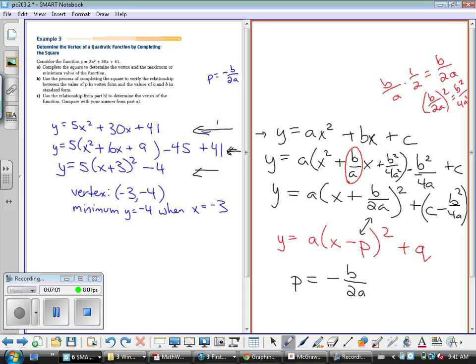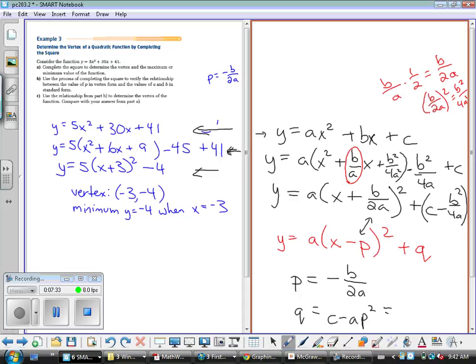And just if you remember when we were in 3.2, in our summary of 3.2, we also said that q is equal to, and I'll just look at this in the book, where I find where it is. Oh, yeah. That's on page 166. We found that q is equal to c minus a p squared.